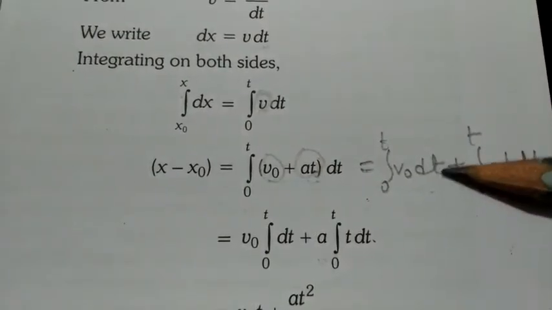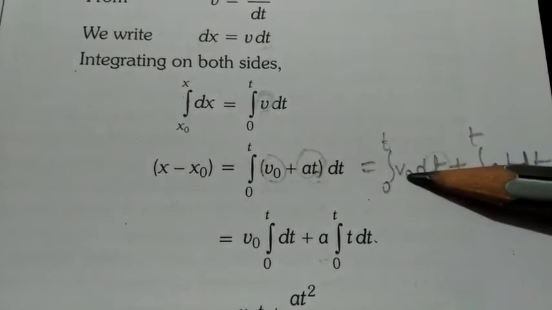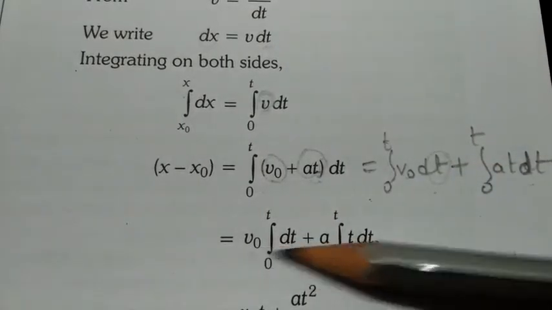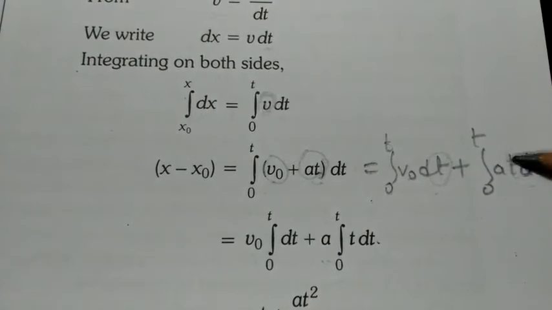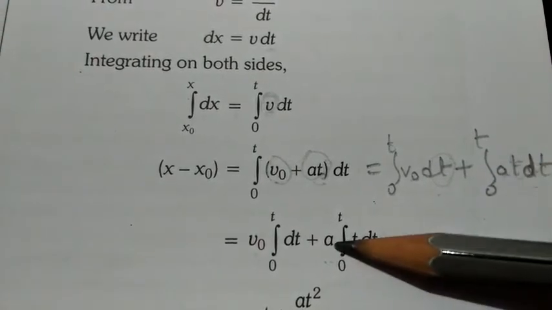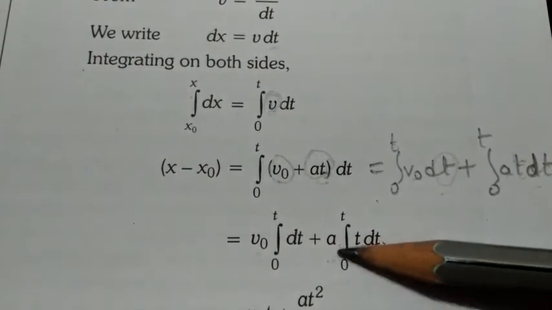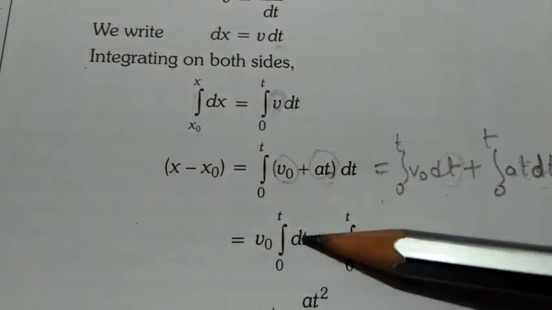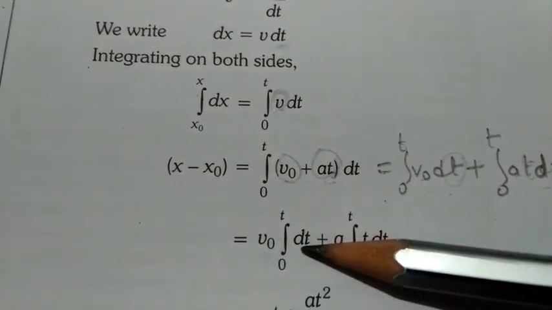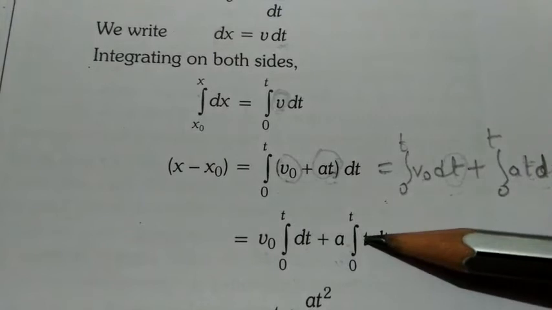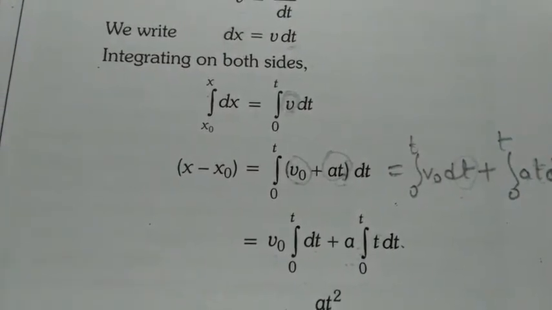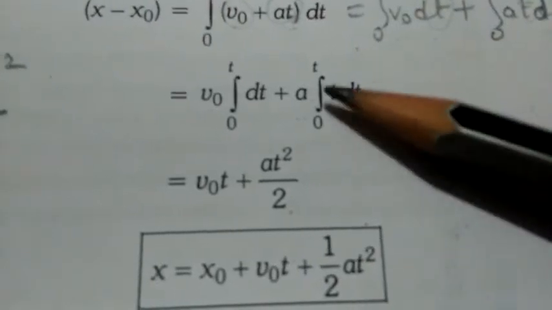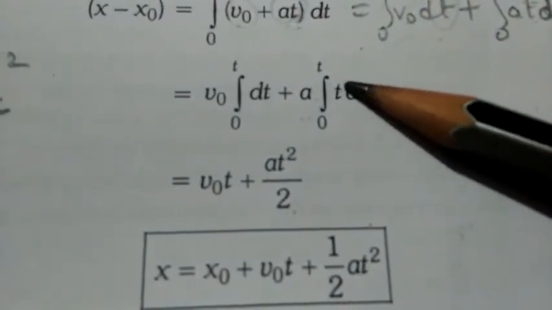Now here the integration is with respect to t, so there is no role of vo, so it will come out. Here integration is with respect to t, so only t will be there and a will come out. So here you can see it has been written like that. When we integrate dt, we get t. When we integrate t, we get t square upon 2. How do we get it? What is the power of t? It is 1.